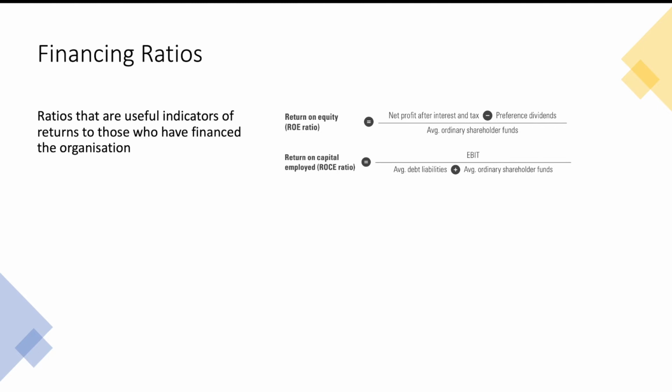Now come to the return on capital employed. If the capital is employed, then what is the return? It is earnings before interest and tax divided by average debt liabilities plus average ordinary shareholders' funds.